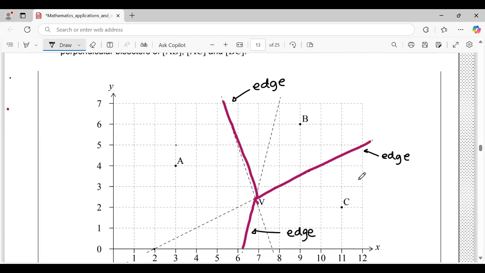And this is site C, site B, and then this is site A. This area is region B, this is region C, and this is region A. So this Voronoi diagram is fair to one another. I think this is clear.